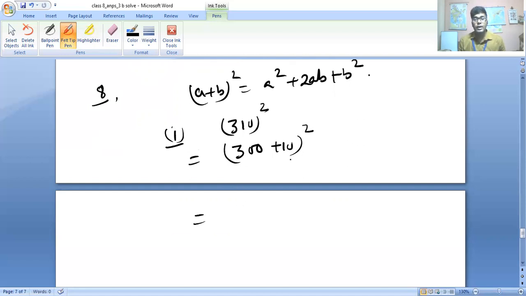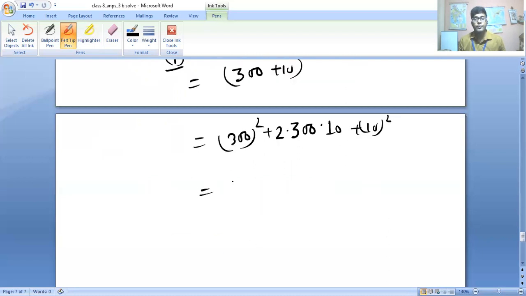Now very easily, this is a and that is b. So this is the answer therefore.